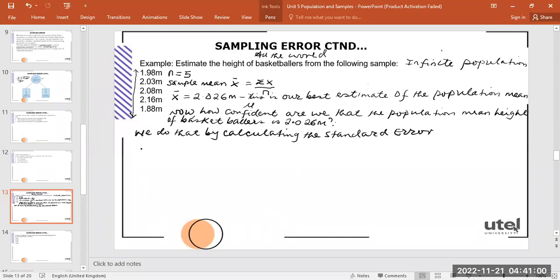Calculating the standard error. The standard error of the mean height is given as S divided by the square root of n, where S stands for standard deviation, and n is the sample size.